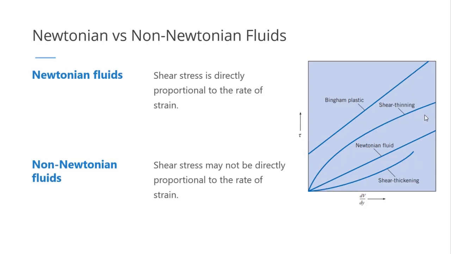For shear thinning, the ratio of shear stress to shear strain decreases as the shear strain increases. For shear thickening, the viscosity increases with shear rate. For Bingham plastic, it acts as a solid for small values of shear stress and then behaves as a fluid at higher shear stress.